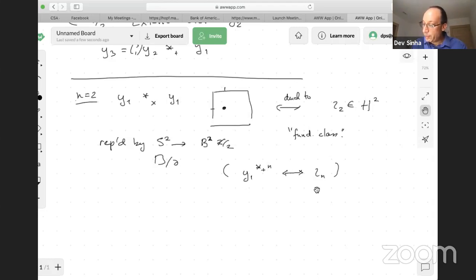Next thing you would look at is y1 star times y2. That ends up being pairs of points which are on a line here. So this is my y1 up here and my y2 here, and then the product. If you think about it, this is a three-dimensional class because I specify the line, that's 1 degree of freedom, and then the 2 points on the line.